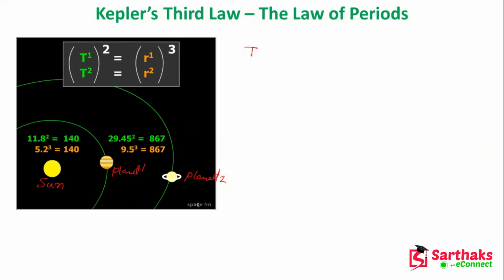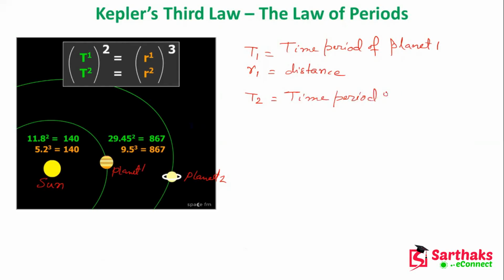Here, let T1 be the time period of planet 1, and R1 the distance of the semi-major axis, and T2 the time period of planet 2, R2 the distance regarding planet 2, and this distance is regarding planet 1.